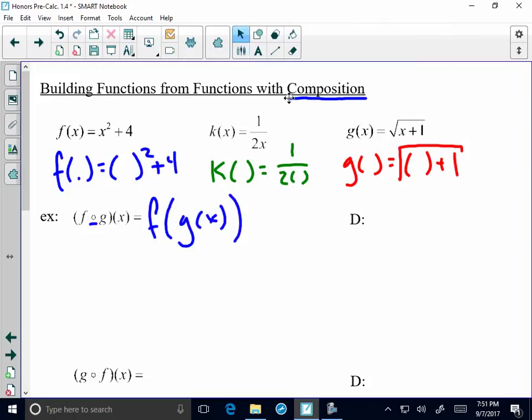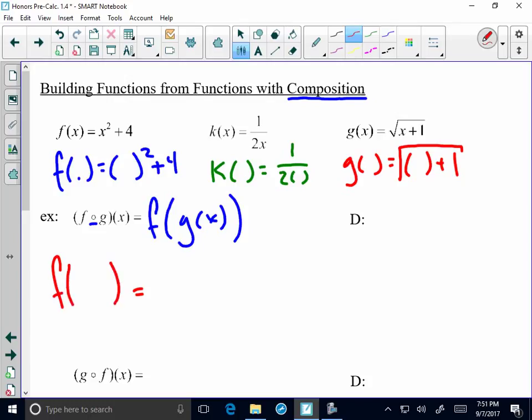And now, when we're thinking about what this function is going to be, we basically want to think that f itself is squaring something and then adding 4 to it. And plugging in our g of x is basically going to be plugging in that equation. So that's squaring the square root of x plus 1.